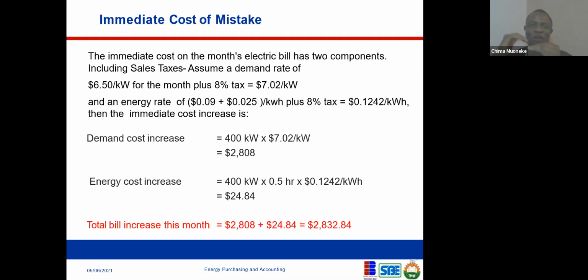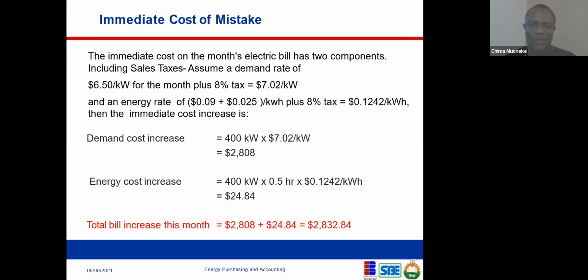So that additional 400 will be multiplied by their demand rate, irrespective of the time during the month. So we calculate their demand based on 800, not 400. And then we calculate the energy consumption of that machine for 30 minutes.